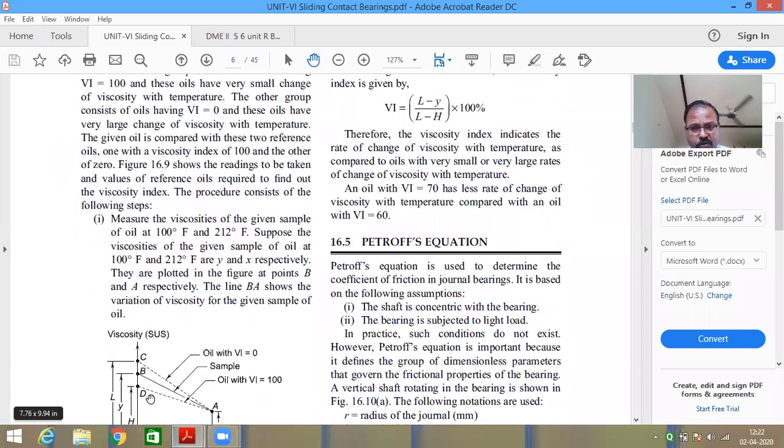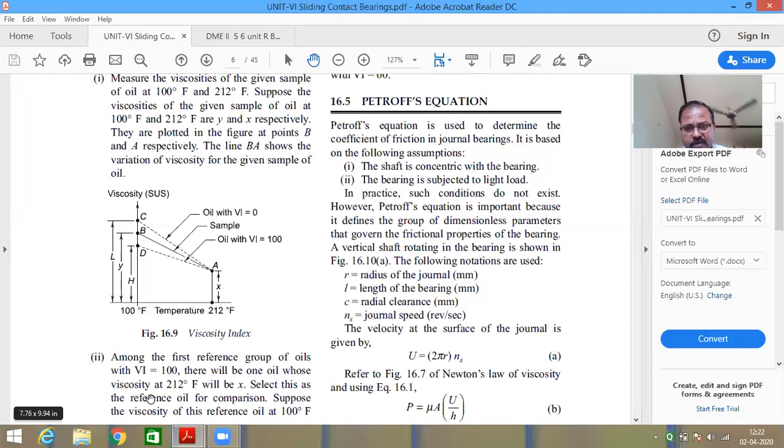Now, the most important part of this chapter is Petroff's equation. See here, in sliding contact bearings, the sliding friction is more. Starting friction is more because the contact is sliding.